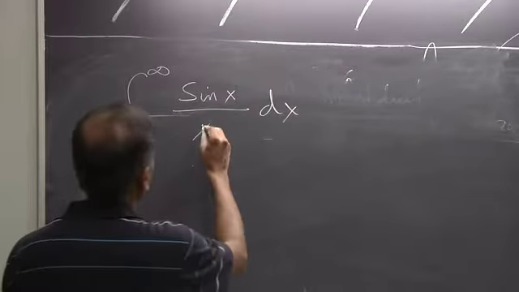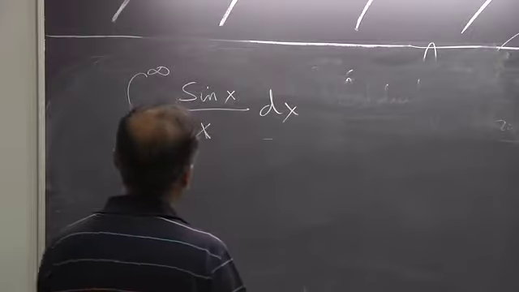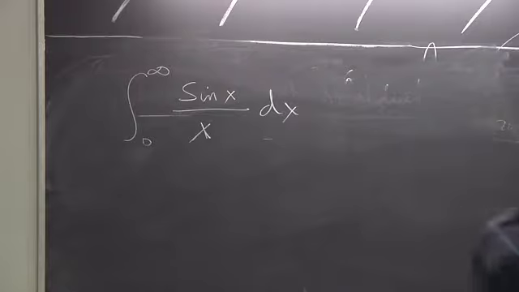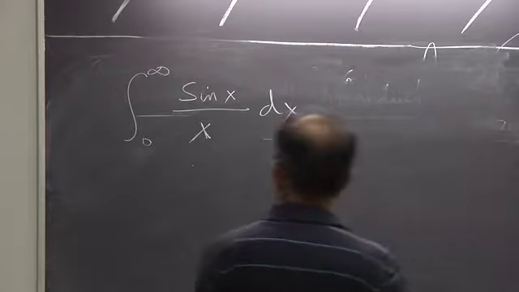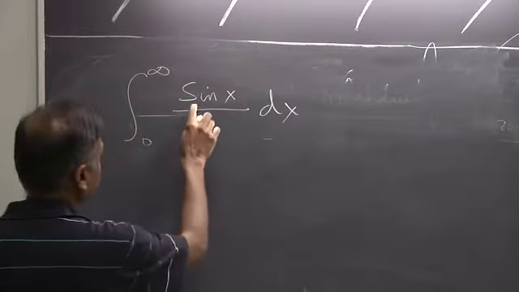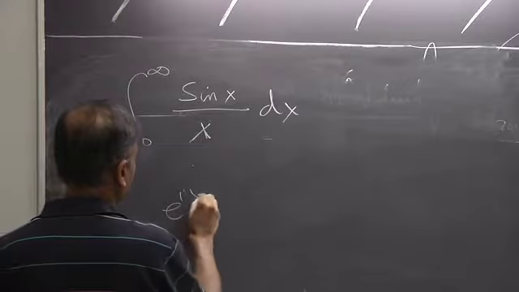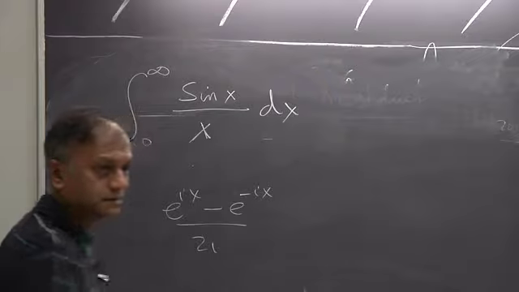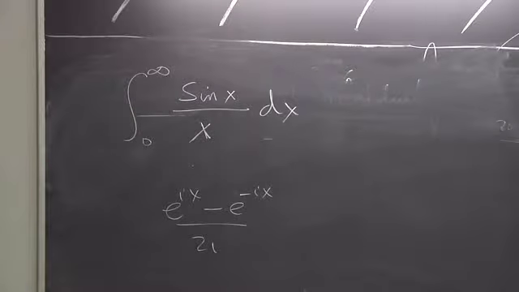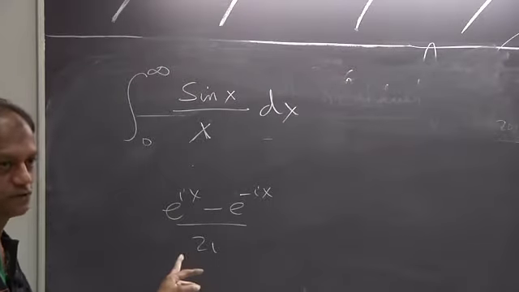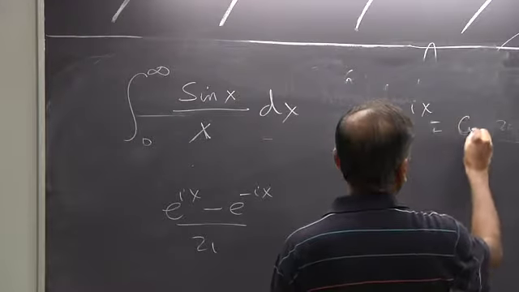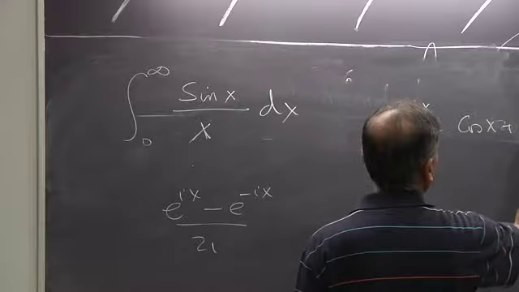It's not exactly straightforward, there are some more tricks involved, but the essential point is that sin x is the same as e to the ix minus e to the minus ix over 2i, right. Remember that was the formula for the sine. Cosine was the sum of the two divided by 2, because e to the ix is cosine x plus i sine x.